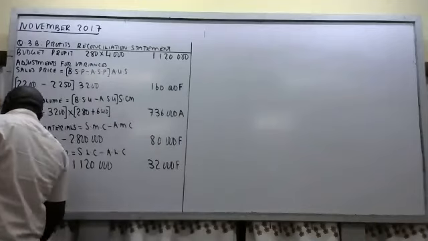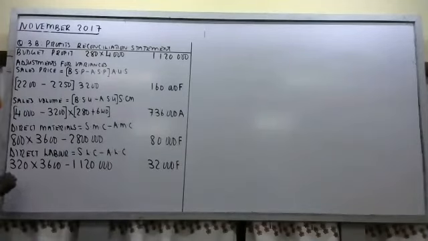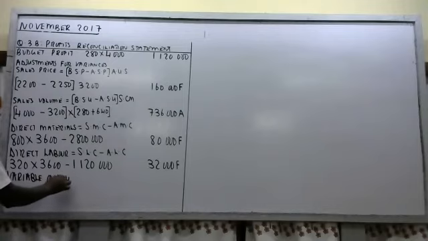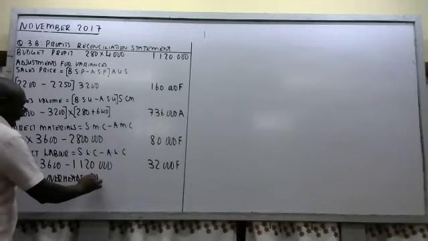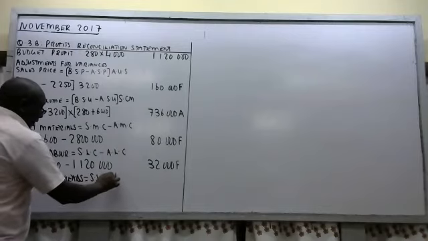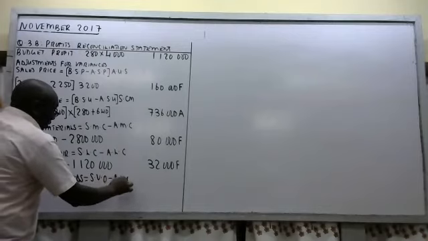The next one is called variable overheads. This one again, we know it is the standard variable overheads minus actual variable overheads.